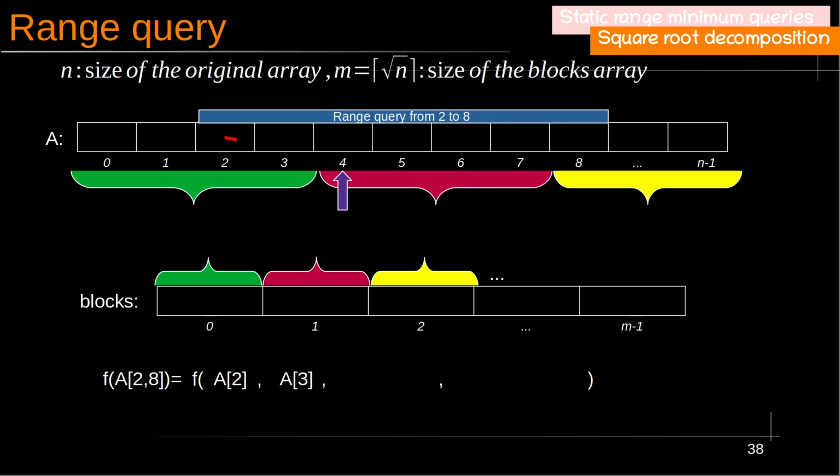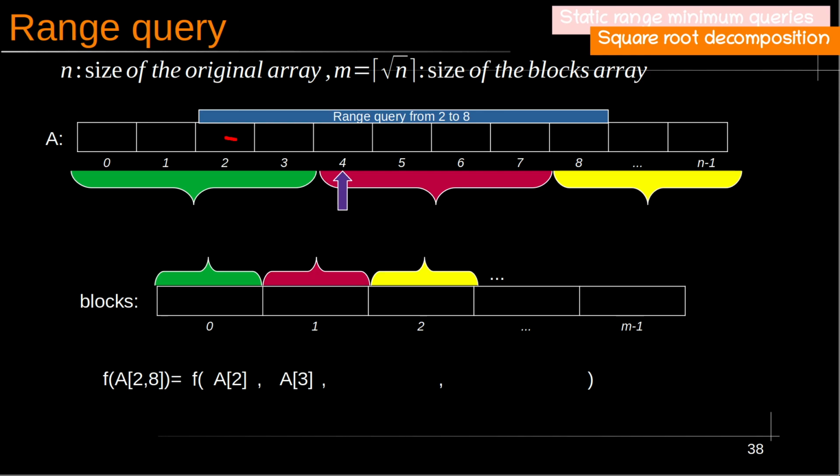we come to 4. 4 is the beginning of a block. And can we use the entire red block here? The answer is yes, because 4 plus 4, where I took 4 as the size of the block, is equal to 8.